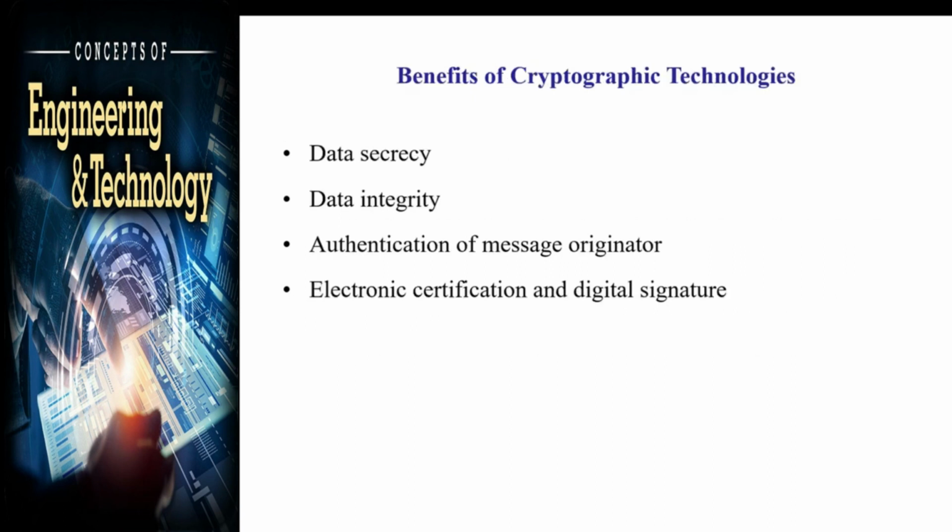When you look at the benefits, we have data secrecy and data integrity. We can say the data is secured when you look at this. We also handle unauthorized people with that. Definitely we'll be looking at certifications, so electronic certification as well as digital signatures can be taken with that.